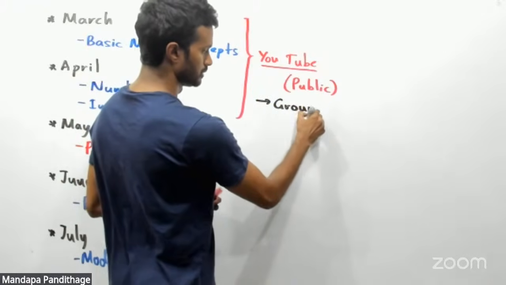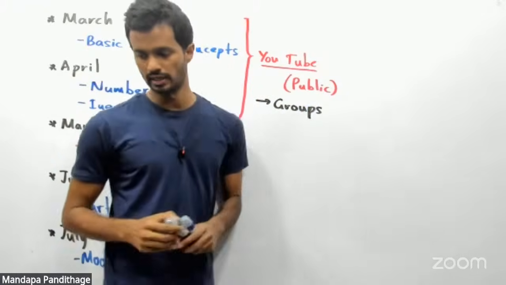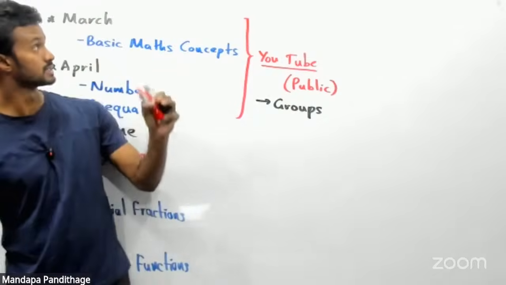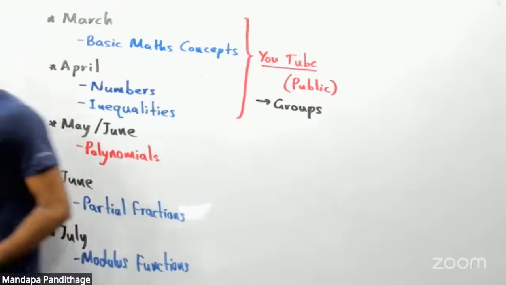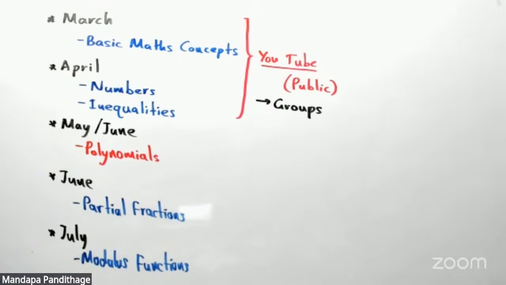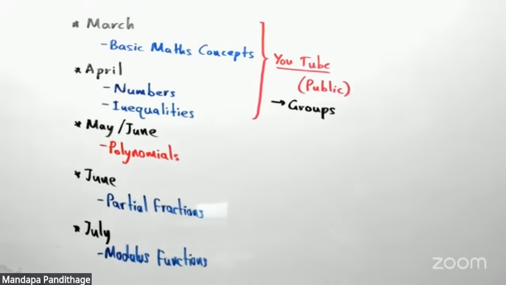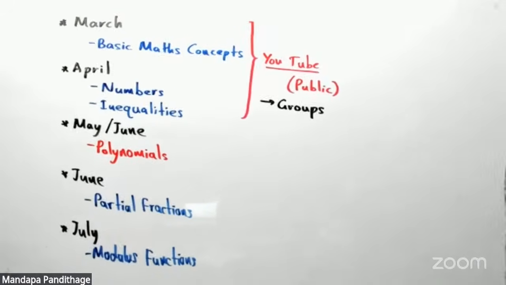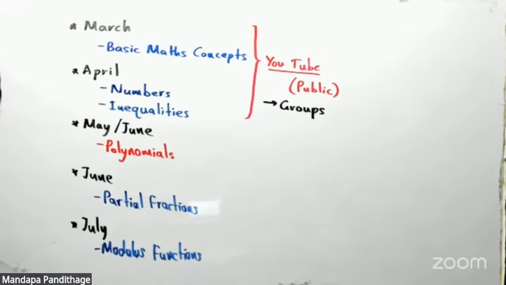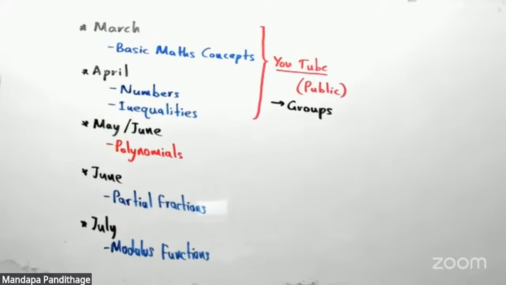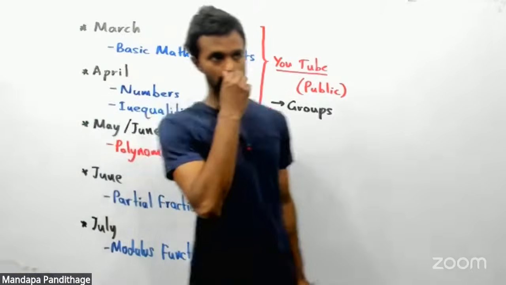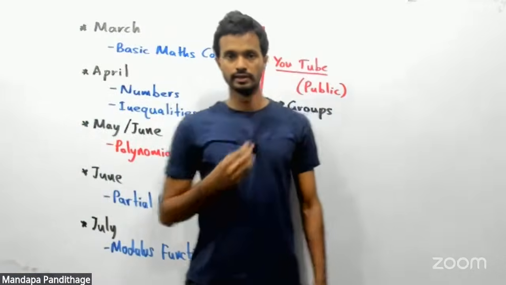When you go to our YouTube channel and to this playlist, you can easily find them. But in case you are not able to find them on YouTube, you can find them in both the groups. We have uploaded them in the WhatsApp channel and also in the Telegram group.